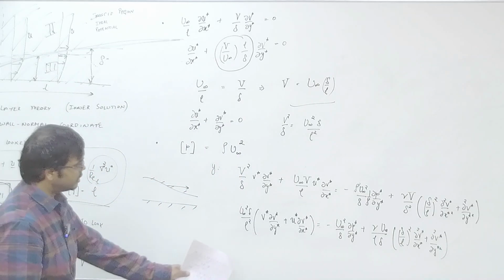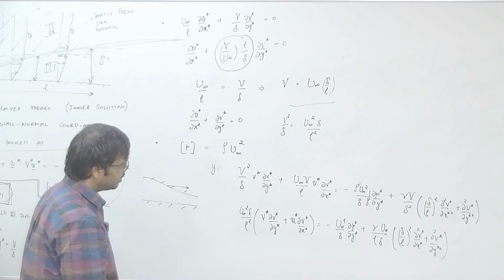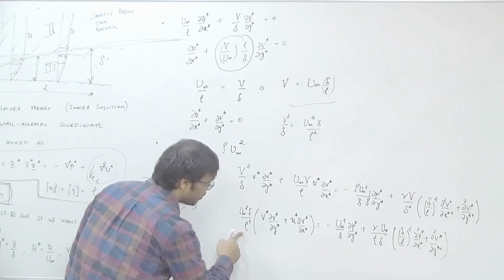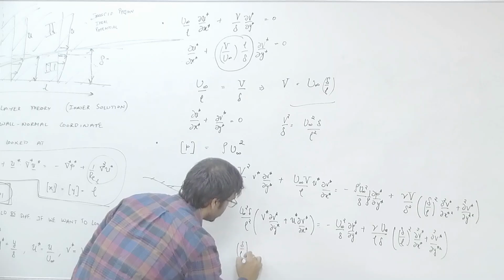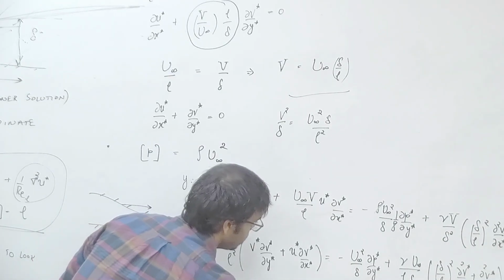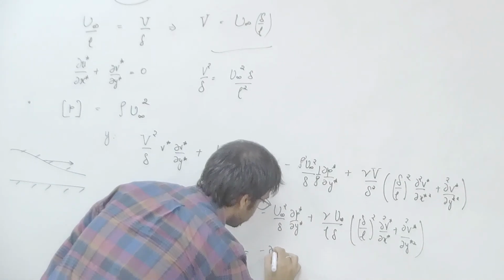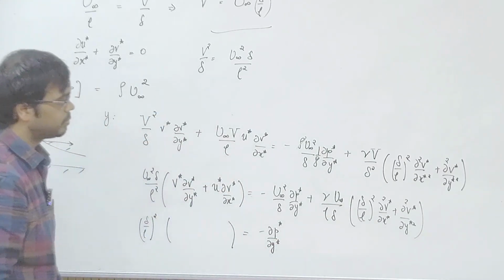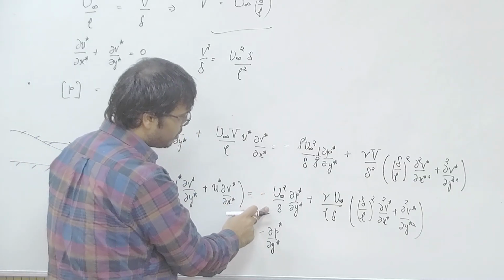So let us divide this whole equation by U infinity squared by delta. We are dividing the whole equation by U infinity squared by delta. So what will we get here? We will get delta over L whole squared times this nonlinear term, minus del p star over del y star. And so we have divided by U infinity squared by delta.